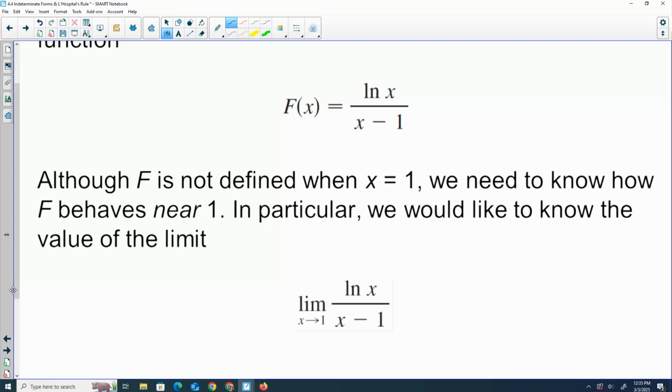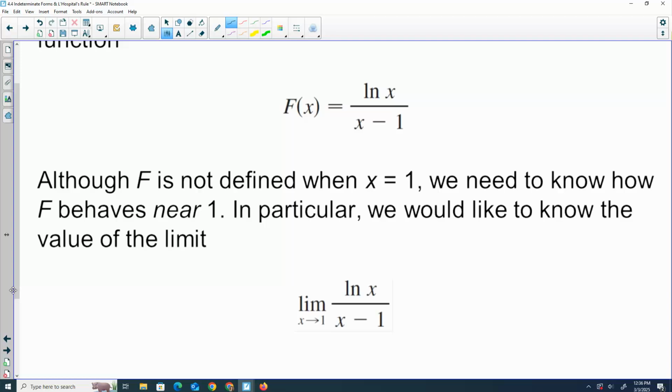If you put a 1 in on top, you get 0. If you put a 1 in on the bottom, you get 0. So we know what 0 divided by 0 is. No, we can't divide by 0. Now, we have had limits like this in the past where you had 0 on the bottom, and we had different techniques to try to get 0 off the bottom. Things like factoring and reducing.